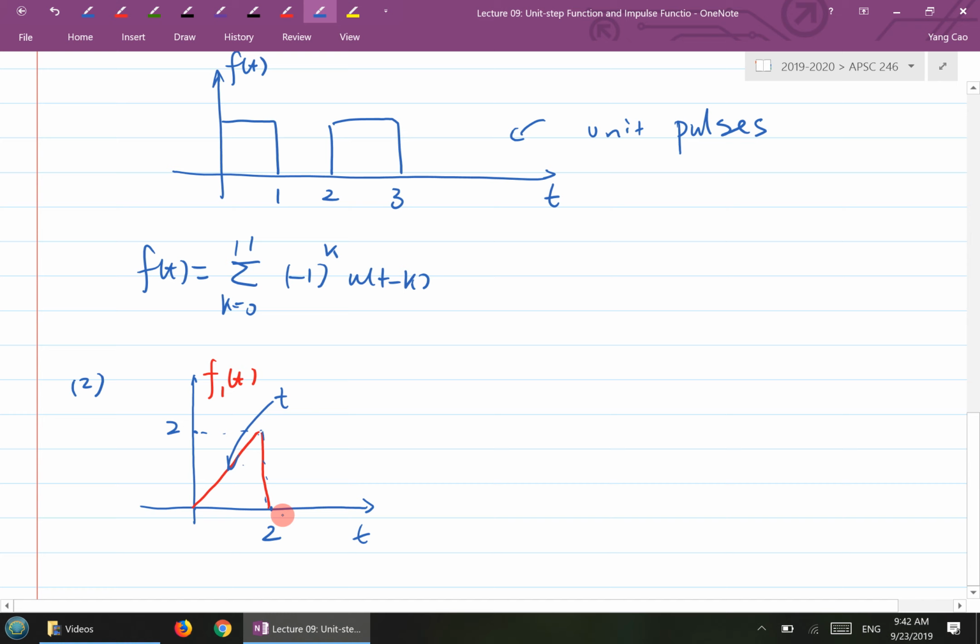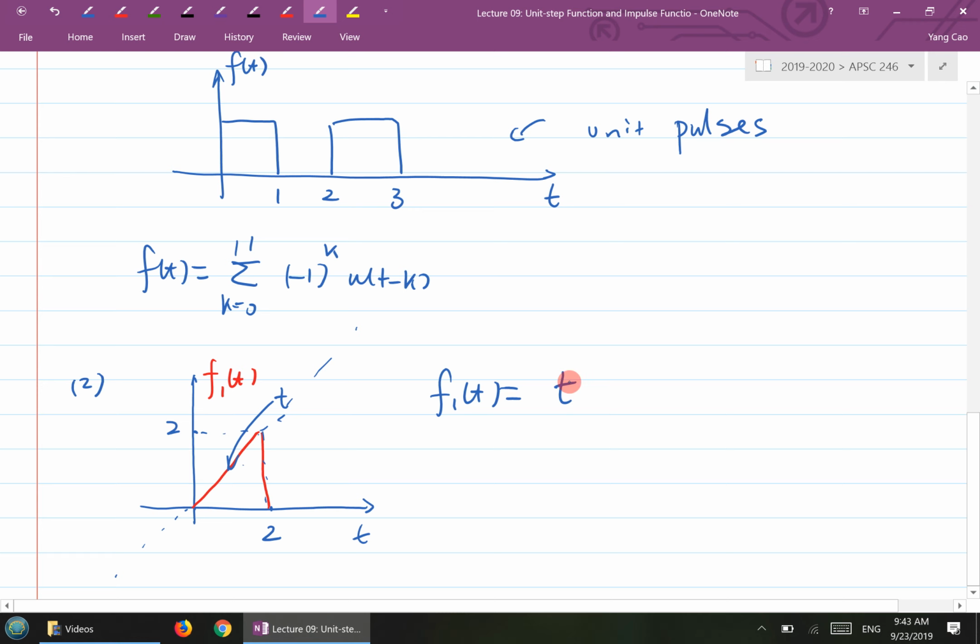Now, since we learned the unit step function and the cookie cutter, I can represent this f1 of t using one single expression. Essentially, to cut out this straight line here using a cookie cutter, you cut it out, and that's what you have for f1 of t.